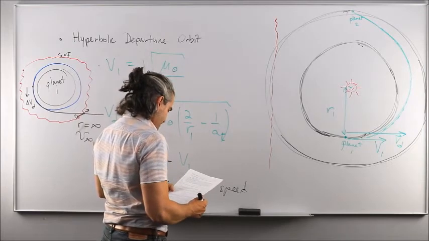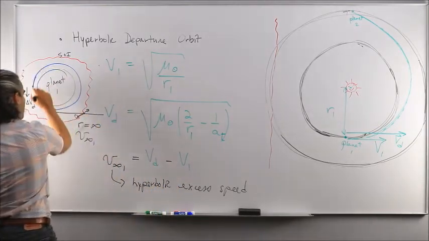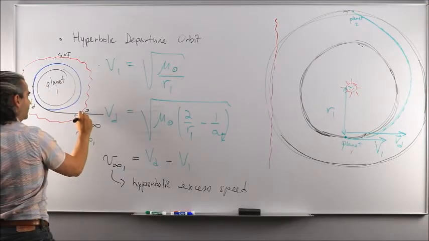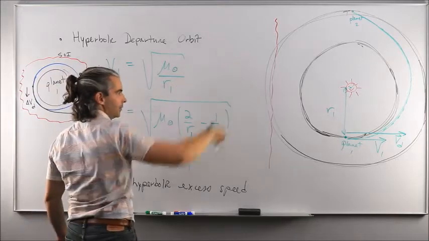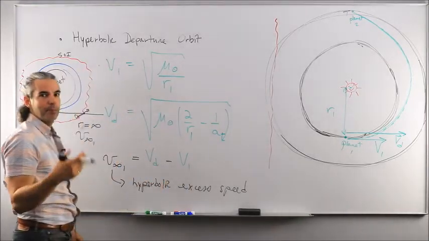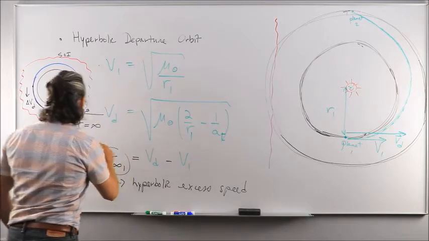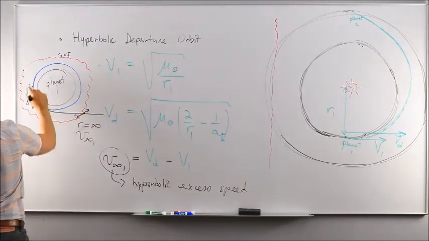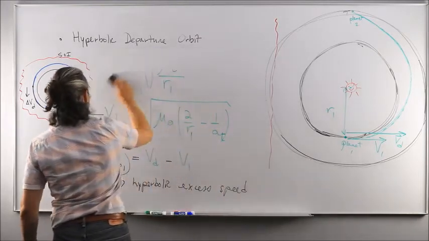And now that you figure out the excess speed along the hyperbolic orbit here that is being patched to this elliptical transfer orbit, hence the name patched conic method, it is going to be used to size this hyperbolic trajectory accordingly, which is what's going to happen next. Okay?